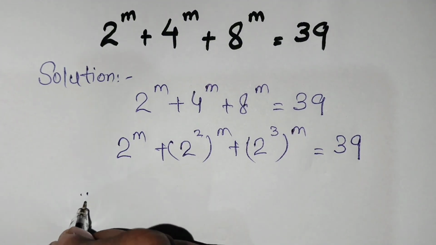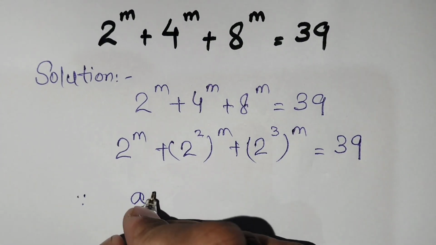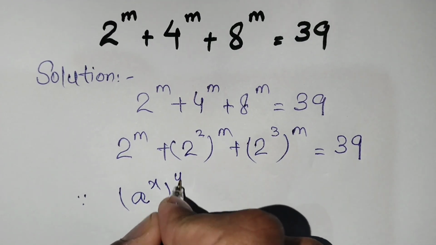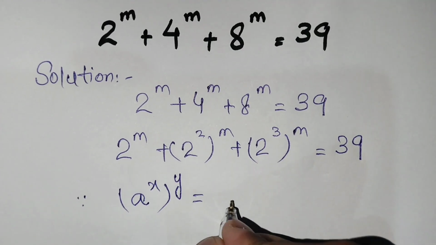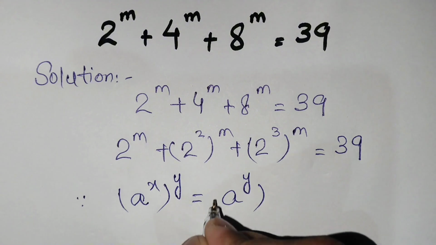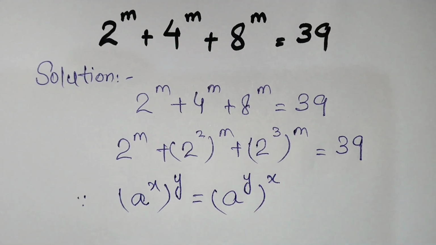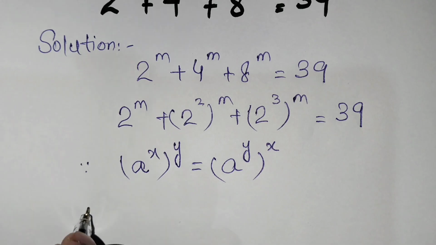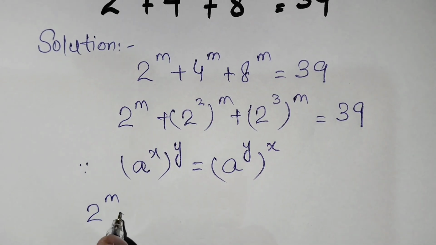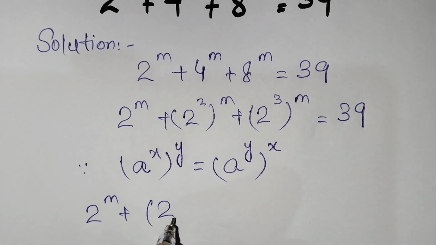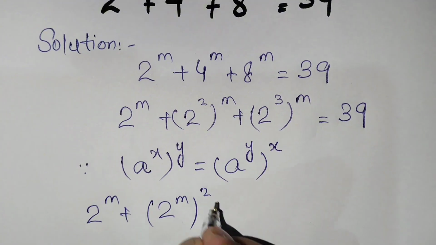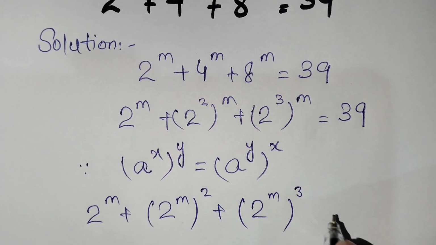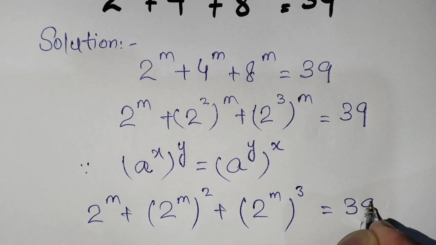Here we will use the formula that (a power x) whole power y is equal to (a power y) whole power x. So this equation now becomes 2 power m plus (2 power m) whole square plus (2 power m) whole cube is equal to 39.